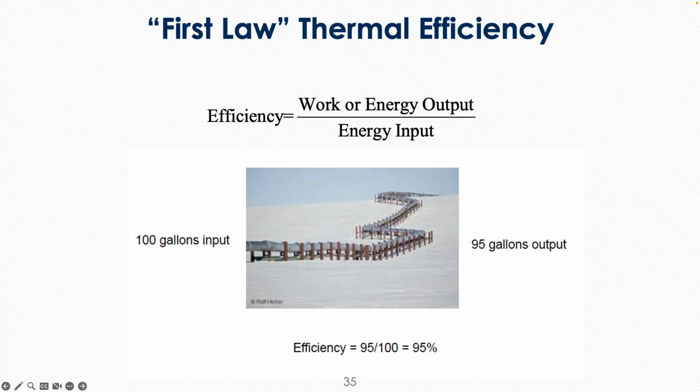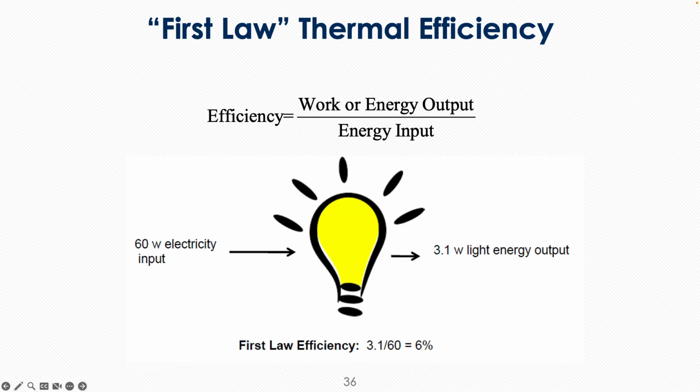Again, these efficiencies we're talking about are mainly about the useful amount of energy that you get out as outputs based on some input. We can do this for end uses as well.